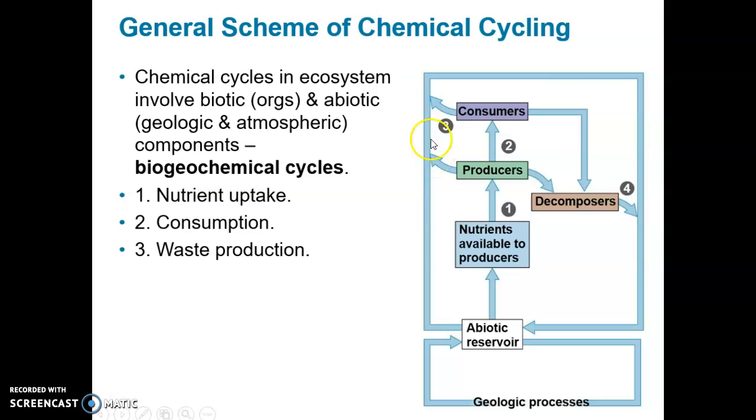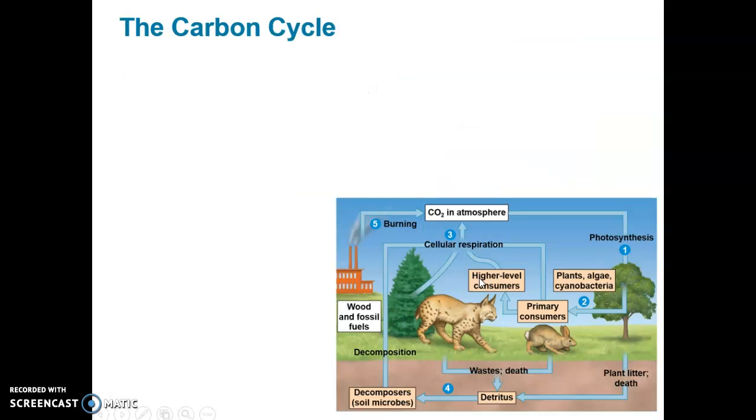Step 3 is waste production by producers and consumers that then release chemicals back into the abiotic reservoir, which is step 4. Also, action of decomposers that are then also liberating and releasing those substances into the abiotic reservoir. And then there's just the basic geologic processes, often weathering, that make these chemicals available to producers.